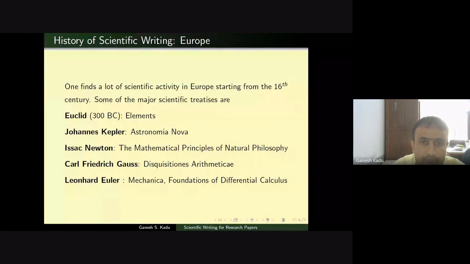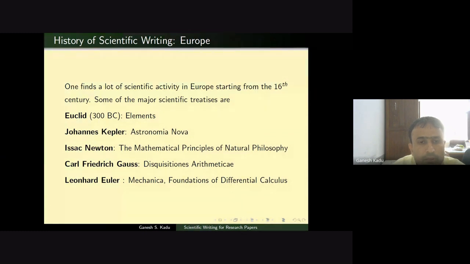He introduces what is called the axiomatic approach to geometry, which is so modern in perspective. You can imagine, as far back as 2,300 years ago, he wrote this fantastic book, and even by modern standards it would be called remarkable.